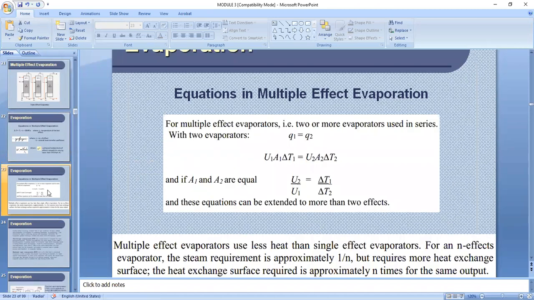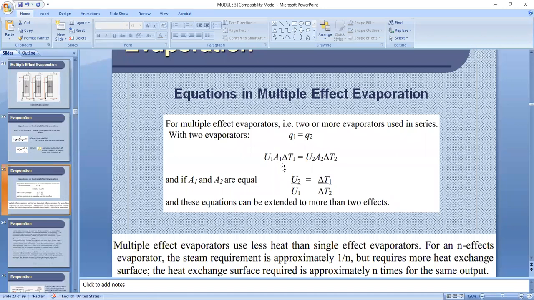Now, for multiple effect evaporation, we have this primary assumption. Our first primary assumption, I did not place it here, is that the vapors evaporated from each effect are equal.